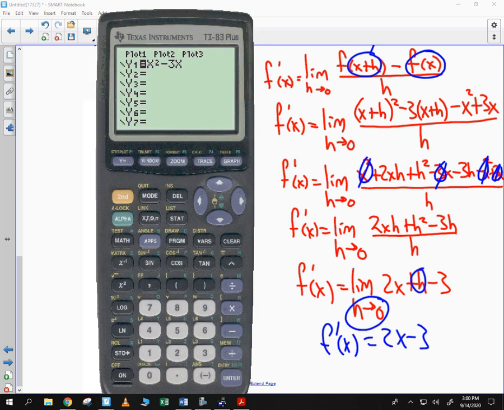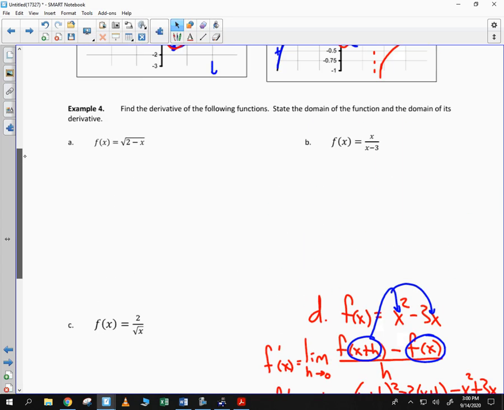If we look at our derivative, 2x minus 3, sure enough, this is the derivative. See how it's sitting below the x-axis and the original function is going down? And then right there it crosses over the x-axis. That's where the function has a derivative of 0. Then you're above the x-axis and you can see that the function is on its way up. So 2x minus 3 is in fact the derivative.